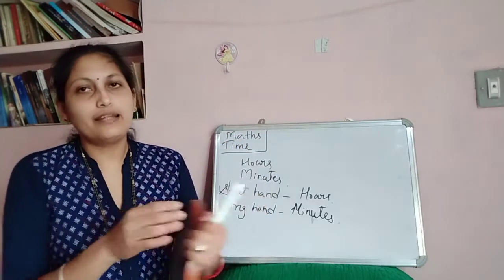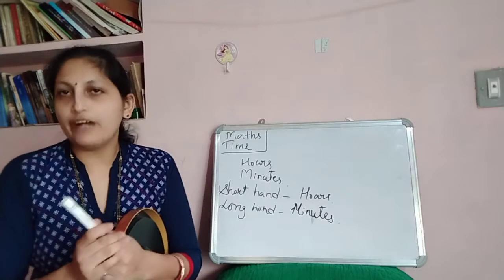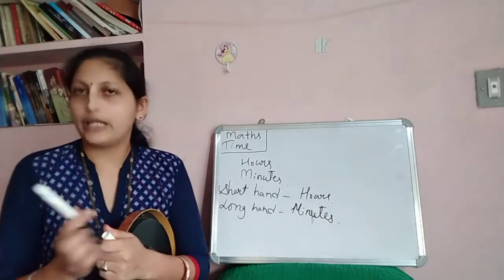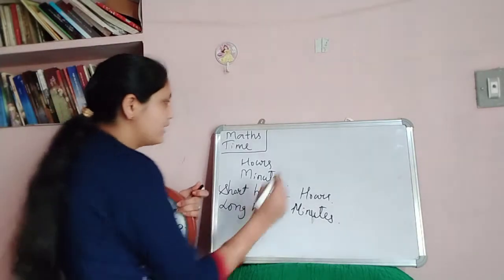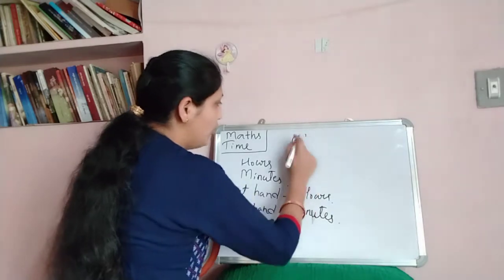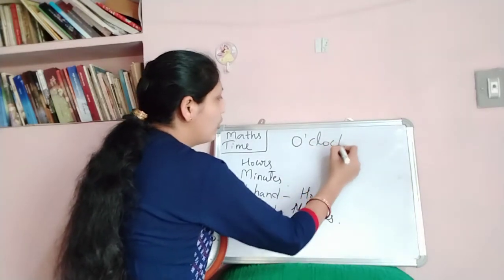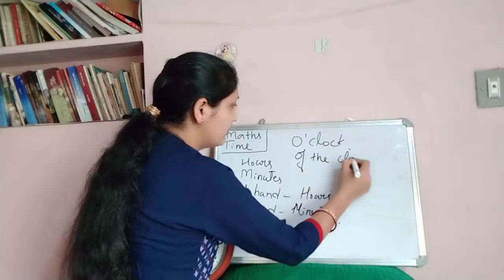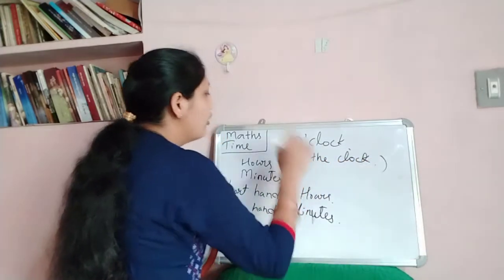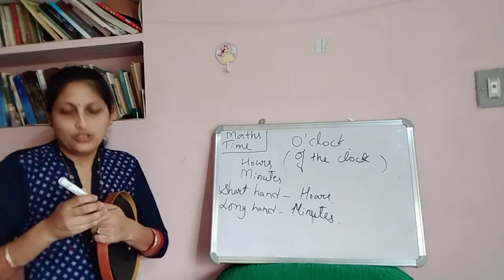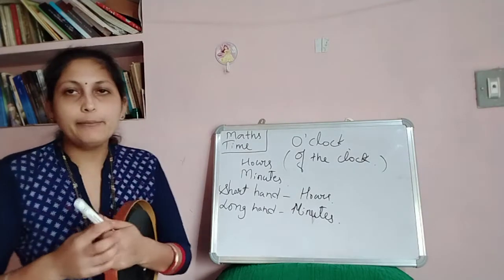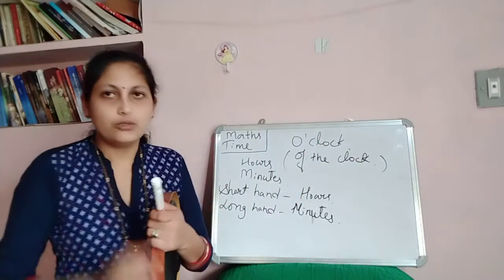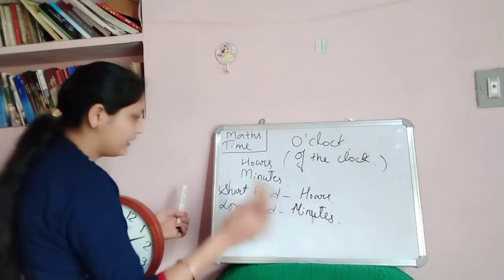Time is read as o'clock. We say 5 o'clock, 6 o'clock, 8 o'clock, etc. O apostrophe clock. O'clock means of the clock. So we read time using o'clock. Let us see how to read the time using the clock.